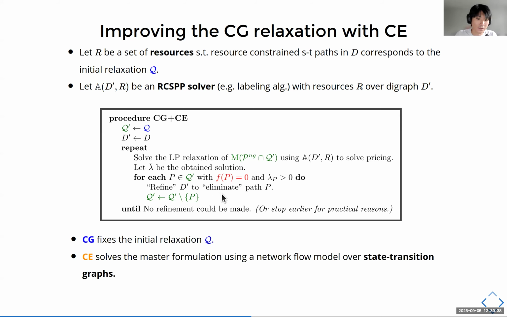This is different than just doing column generation, because column generation is just solving this master formulation once. But this is also different than column elimination, at least as it was proposed in the paper by Anthony and Willem, because we're not solving network flow models over these state transition graphs. And I'll explain this better on the next slide and what I mean by refining here.